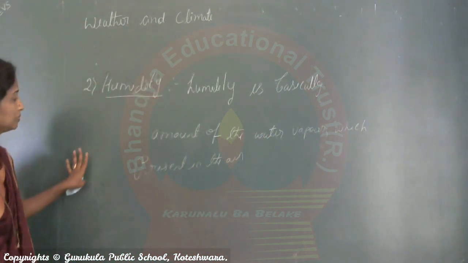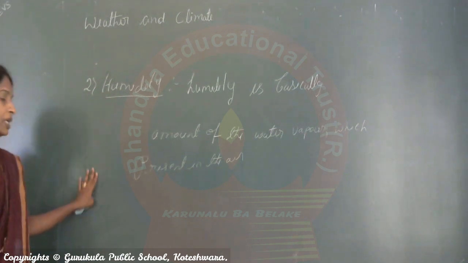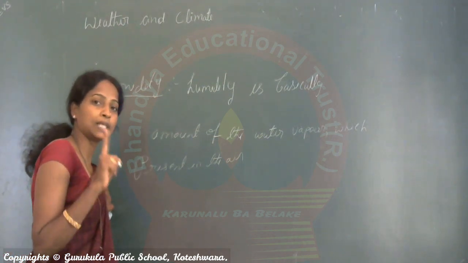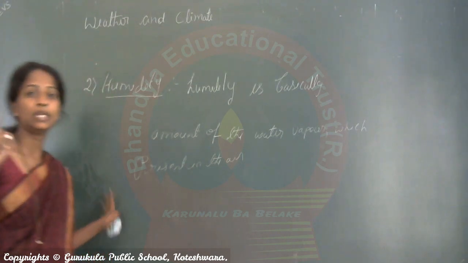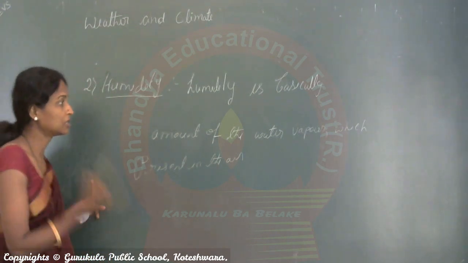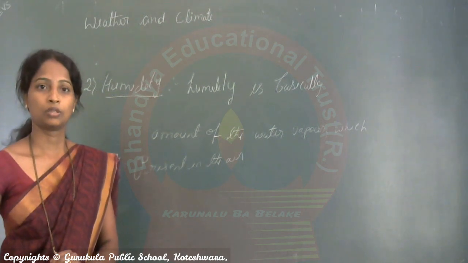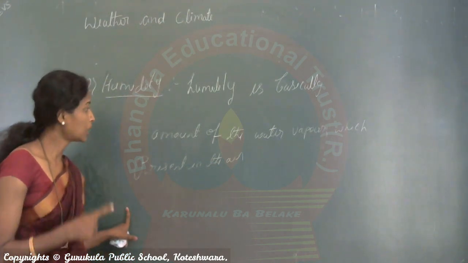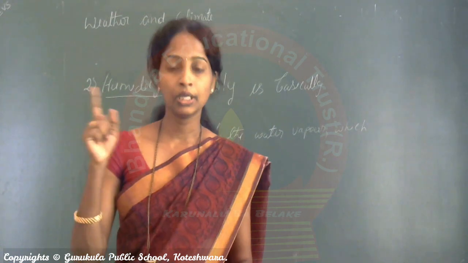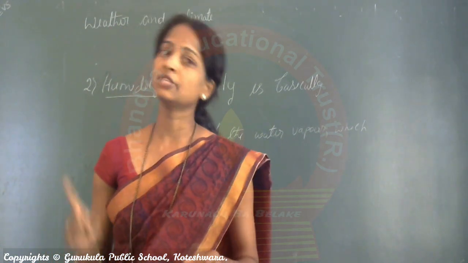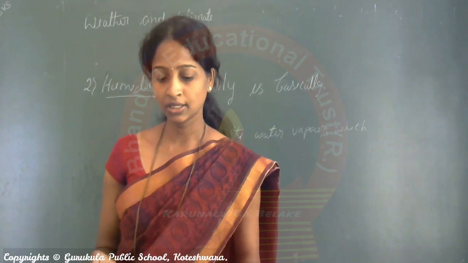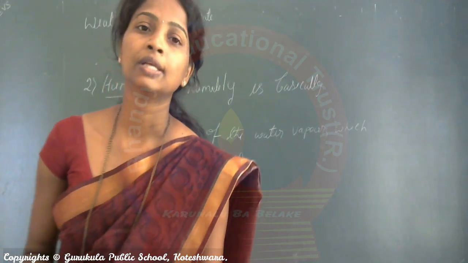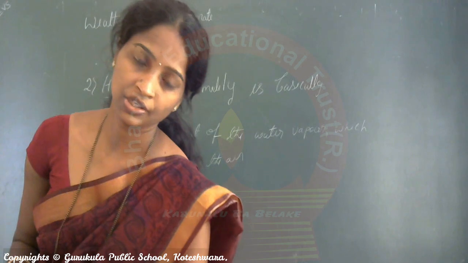When the water in the water bodies like ocean, sea, river gets heated, the water turns into water vapor. The place which has water vapor contained in the air, that place's weather can change. So humidity also affects the weather condition.